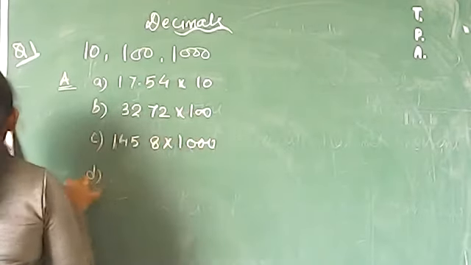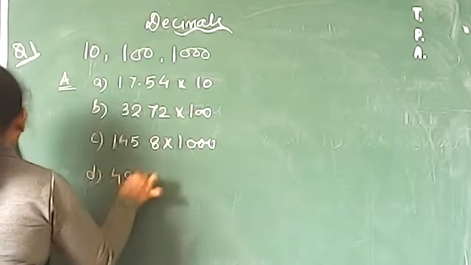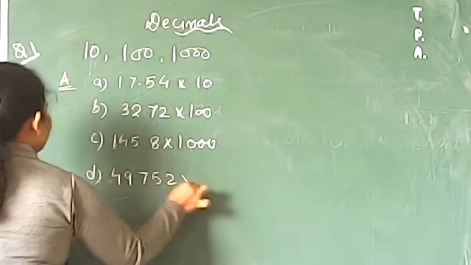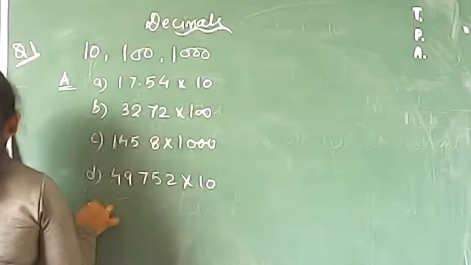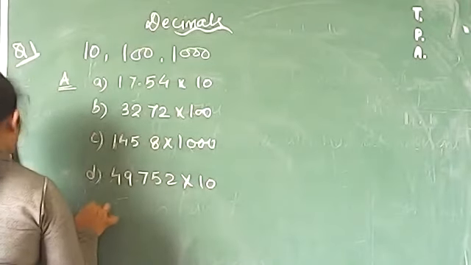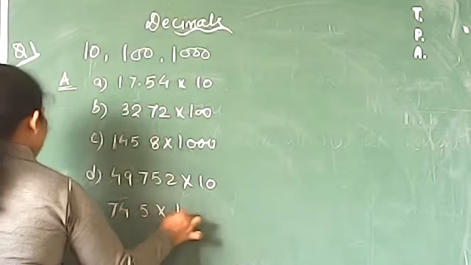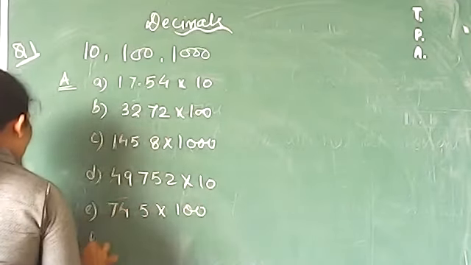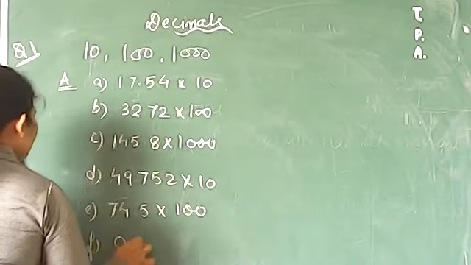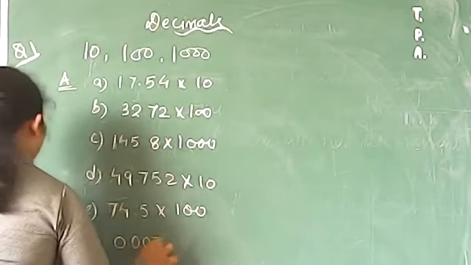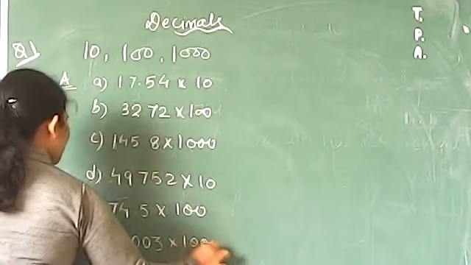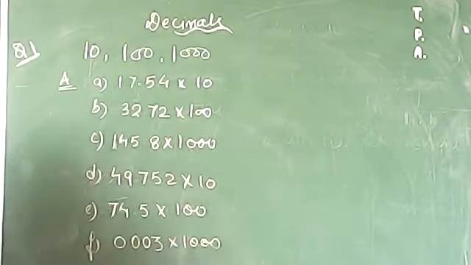Now question number D is 49.752 multiplied by 10. Question number E is 74.5 multiplied by 100. And the last one F is 0.003 multiplied by 1000. So we have total these questions to solve.